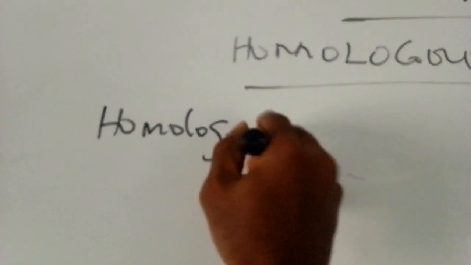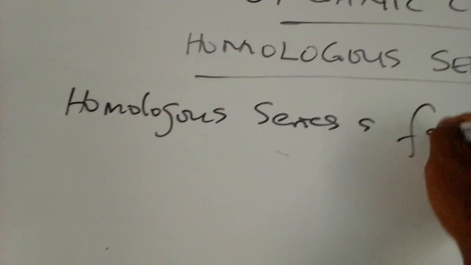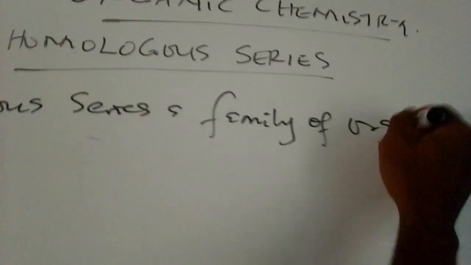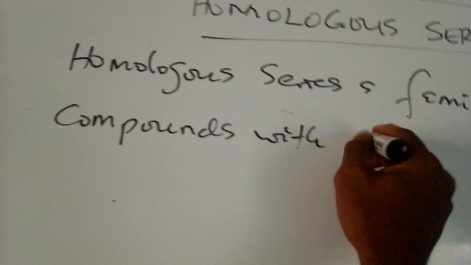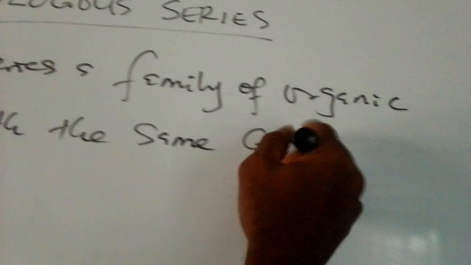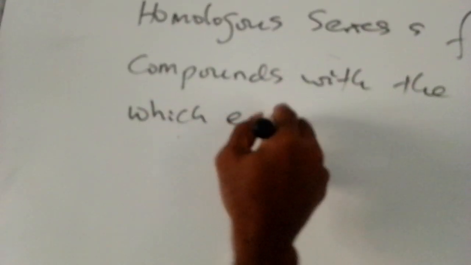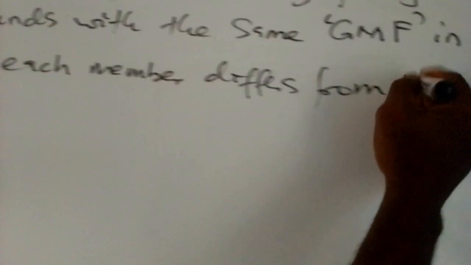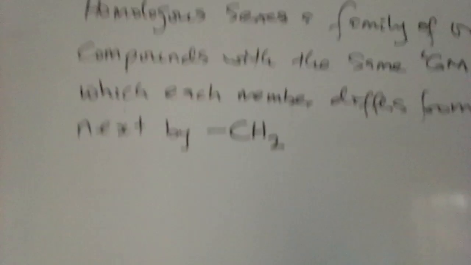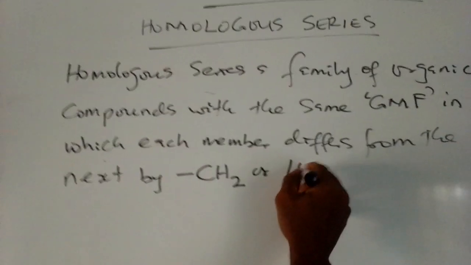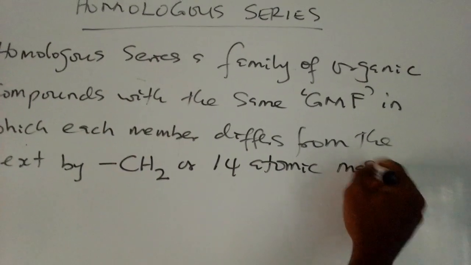We say that in chemistry, a homologous series is a family of organic compounds with the same GMF, meaning general molecular formula, in which each member differs from the next by a CH2 methylene group or 14 atomic mass units.